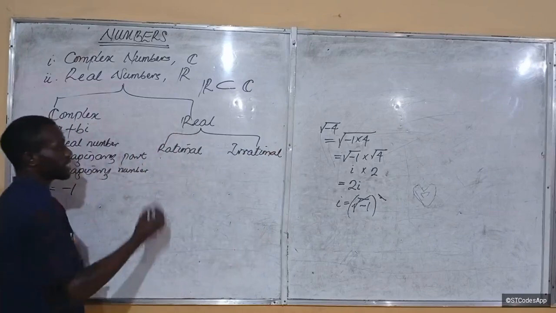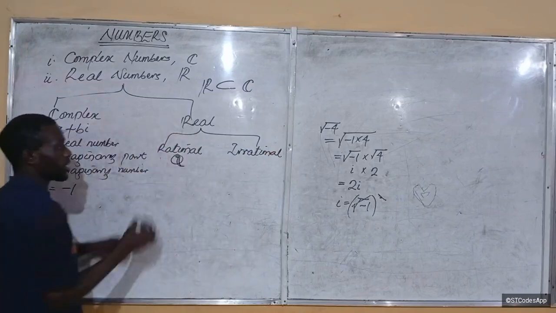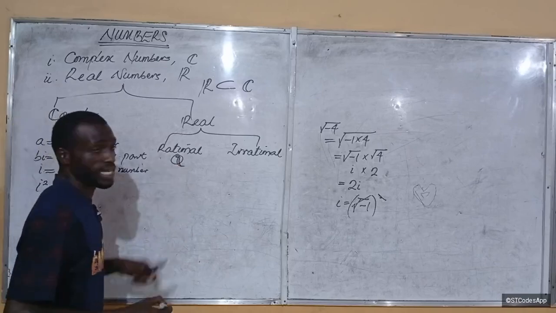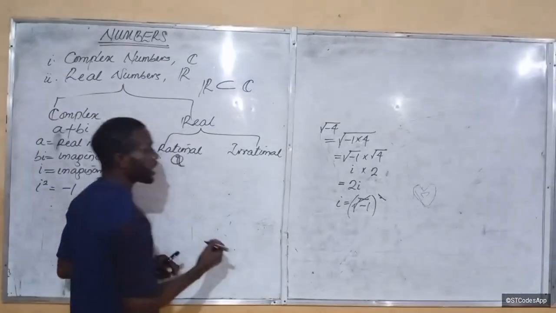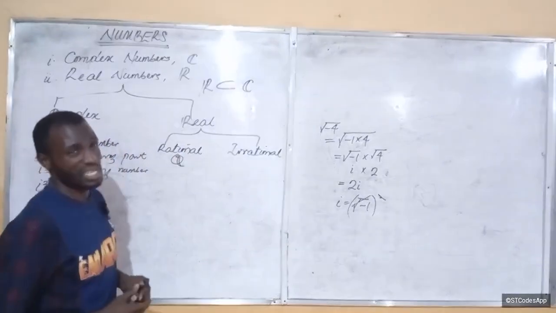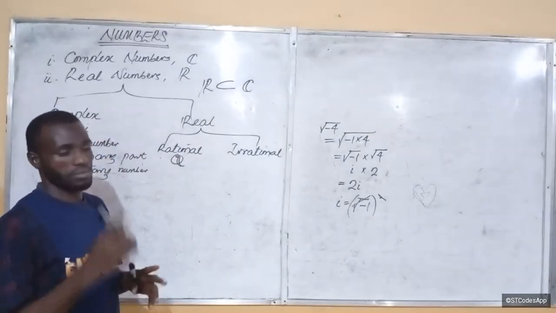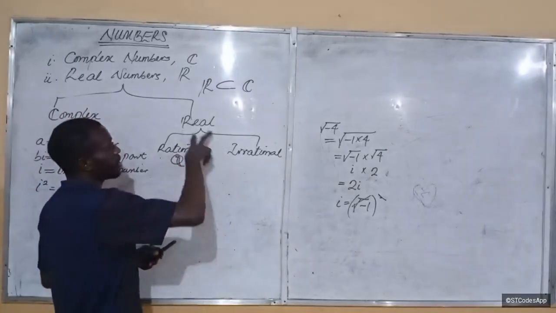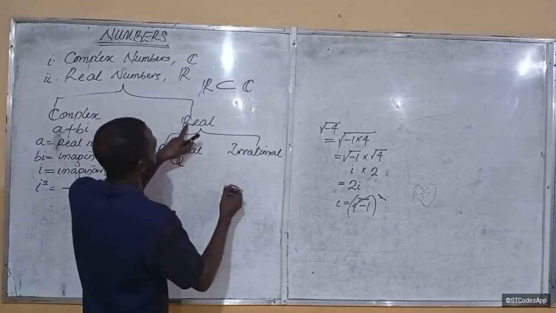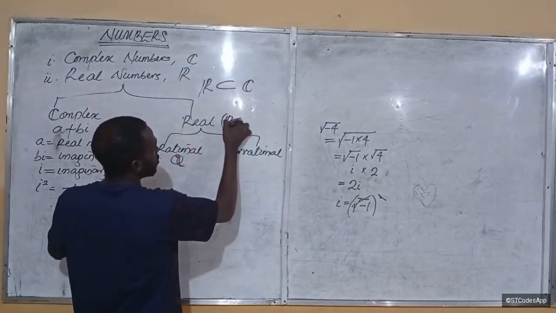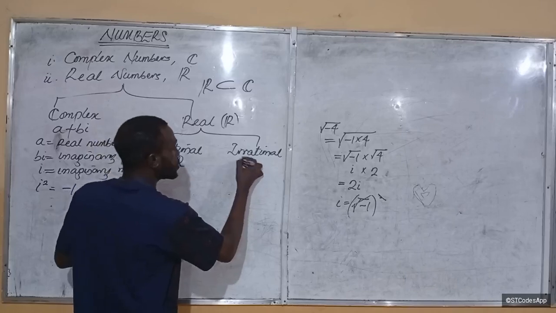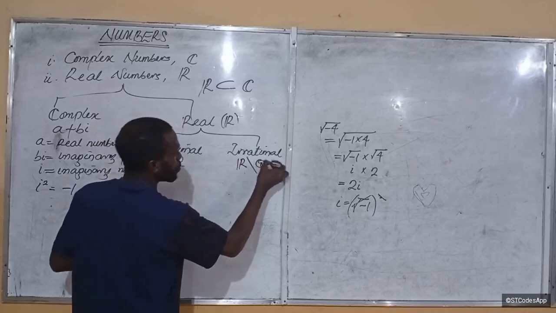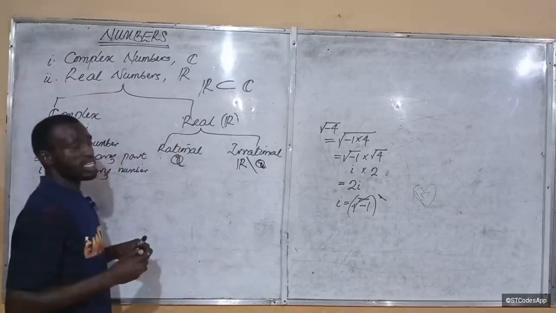The rational number has a symbol that looks like this, like Q, with a double line. Then irrational number does not have a specific letter or symbol for denoting it. What we just do is, this is real number, right? Since real number is denoted by this, we say real number minus Q, that is minus rational numbers.